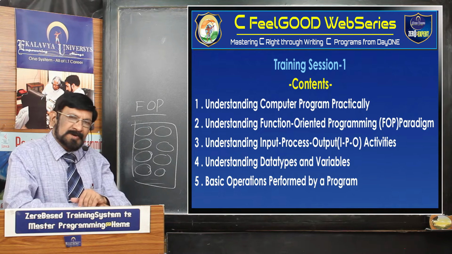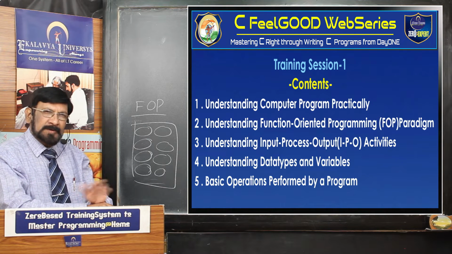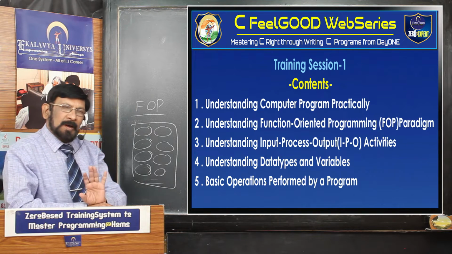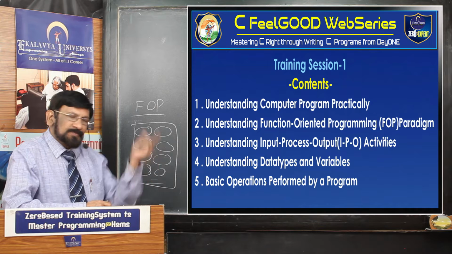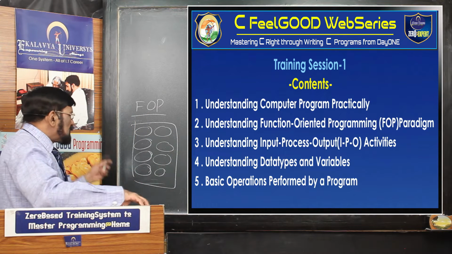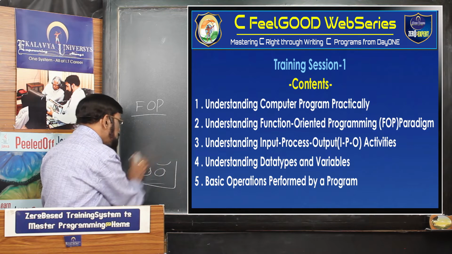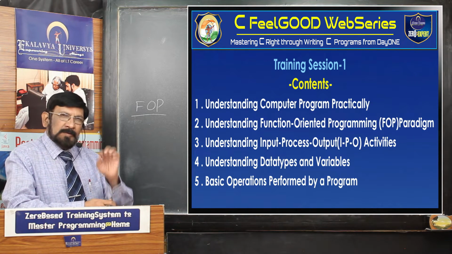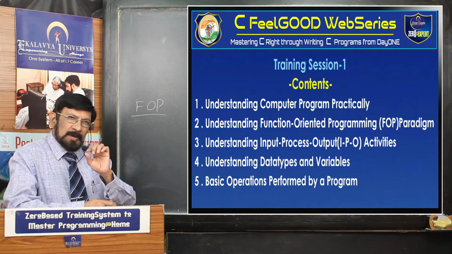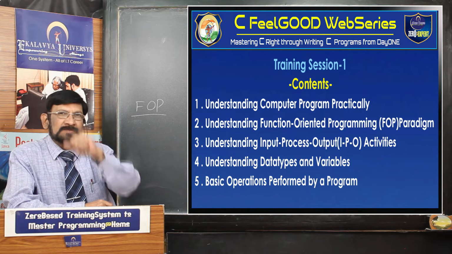Whatever you call a specialist in real life, that is painter, carpenter, driver, teacher, auditor, etc., in programming those are called functions. So by the collective contribution of all functions, a program task is performed. That is the model. So in function oriented programming, a program is developed as a composition of functions.